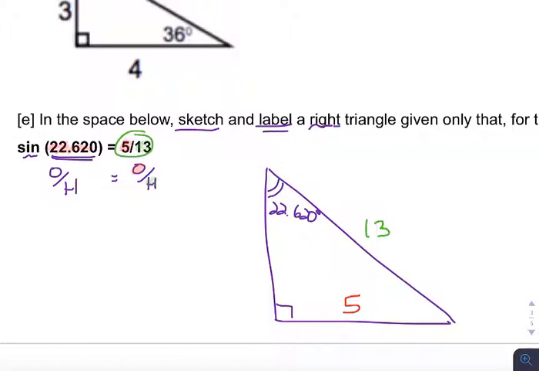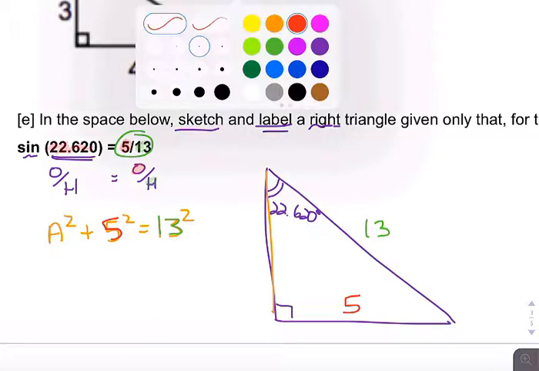And so if I know I'm trying to find this last side, call it the adjacent side, I know that a squared for adjacent plus 5 squared has to be the same as 13 squared. And again, we're pulling those numbers right off this triangle or right off this sine function up here. And so there's our two values.